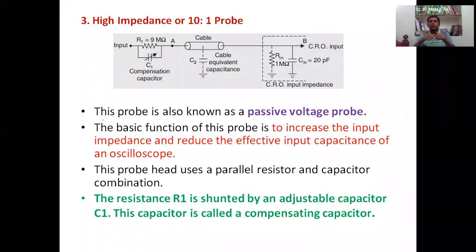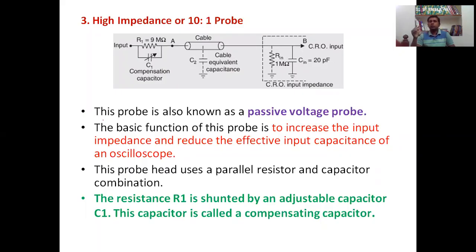And the types of probes, we covered two types. First one is the direct probe and second one is the isolation probe. The direct probe is a very simple probe and it has one limitation, that is it increases the capacitance of the CRO. There is no change in the resistance. So to overcome the increment in capacitance, we are going to use the second type of probe, that is the isolation probe.